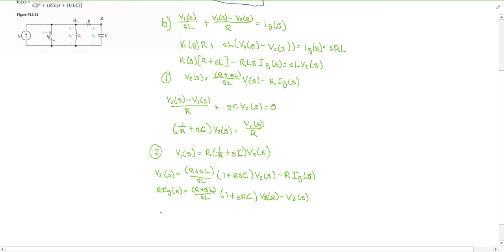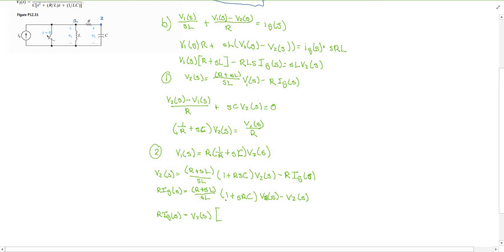So now once again we're going to isolate variables. This is going to get slightly nasty, but that is okay because we can handle it. So V2 of S, here we go, times essentially this massive, it's going to be this times this minus 1, right?